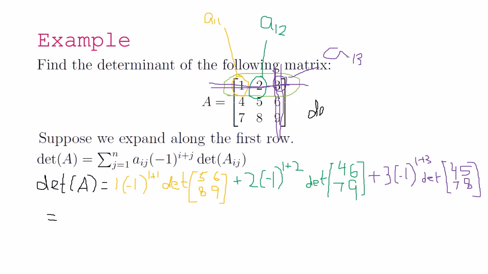So now all we have to do is compute the determinants of our minor matrices. Remember that the determinant of a 2 by 2 matrix with entries A, B, C, D is just given by AD minus BC.